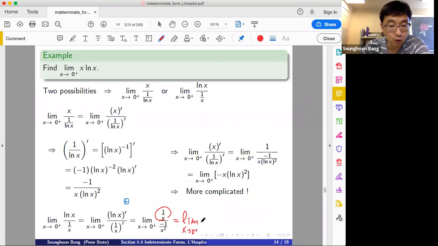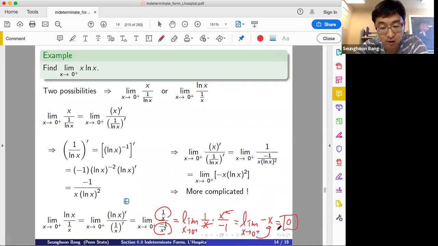You have to keep 1 over x times the reciprocal of the denominator, x squared of minus 1. X is crossed out. We have the limit as x approaches 0 from the right. The minus 1 times x is negative x. You can plug 0 into x. The answer is 0. That's it.